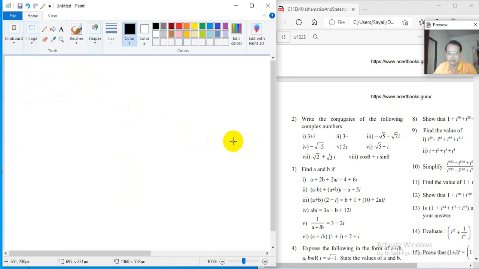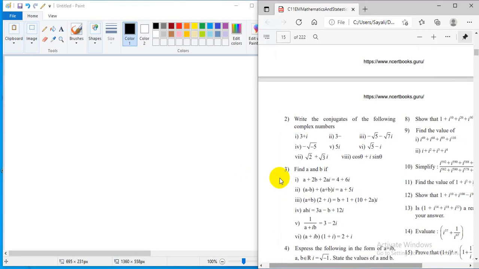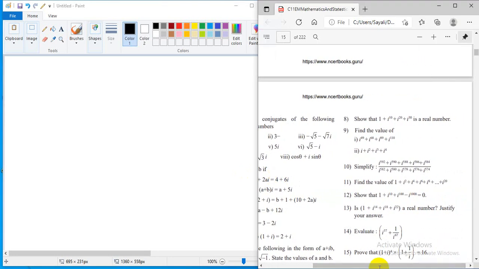Now see, we will do this problem from your book itself. It is problem number 10.